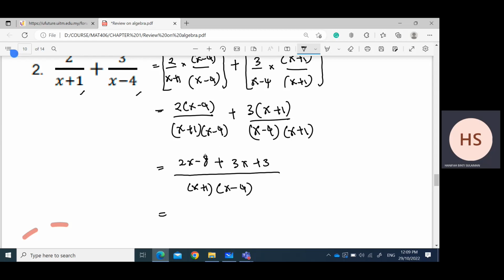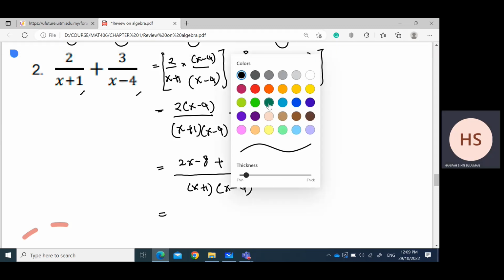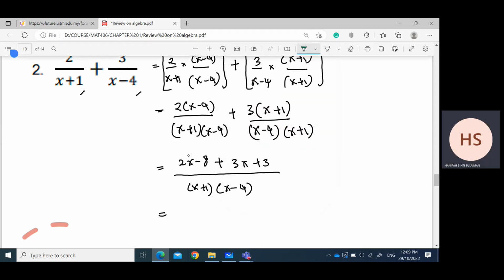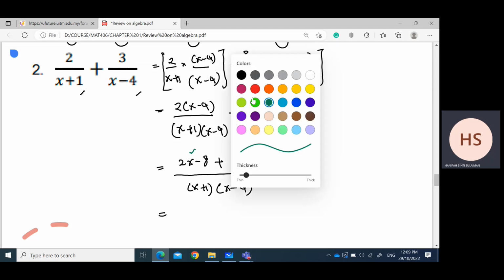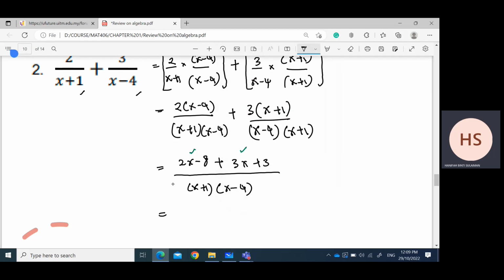So for numerator, we expand and simplify. Then here for 2x and 3x, we can solve it. So 2x plus 3x, we have 5x.